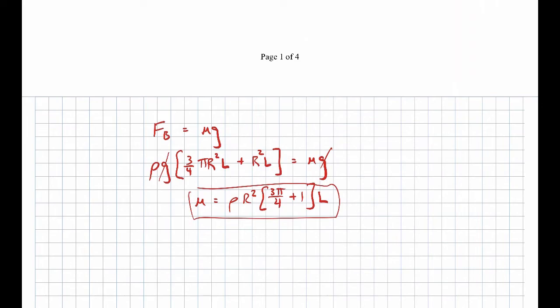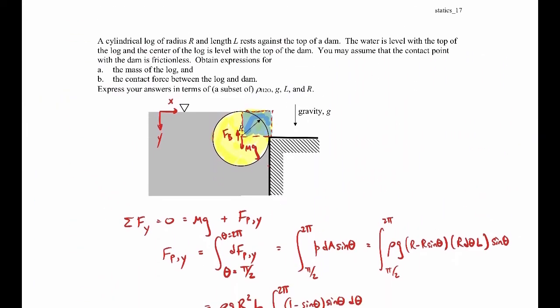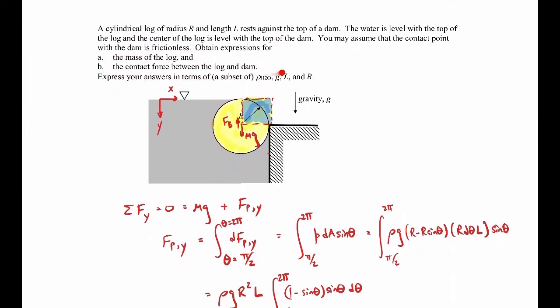The next thing that we needed to do in this problem was to find the horizontal force acting on the wall. If we go back up to the problem statement, it's asking for the contact force between the log and the dam. So that force, let me just draw it here in some color, is going to be this force right here.